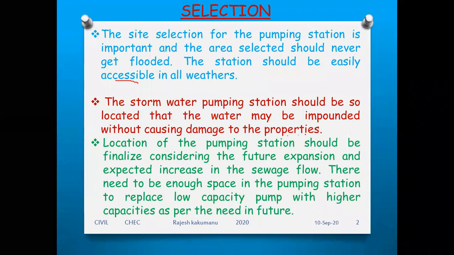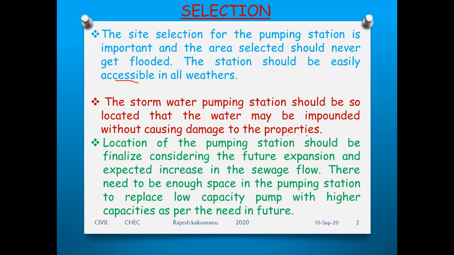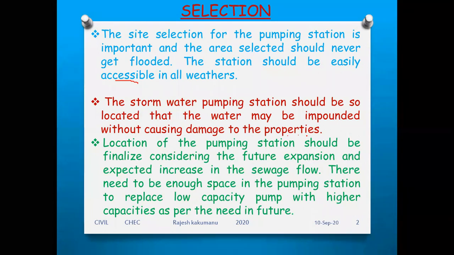So for sanitary water as well as storm water, the pumping station should be located in a proper location so that there is no damage to the property, and it should be easily accessible in all climatic conditions.